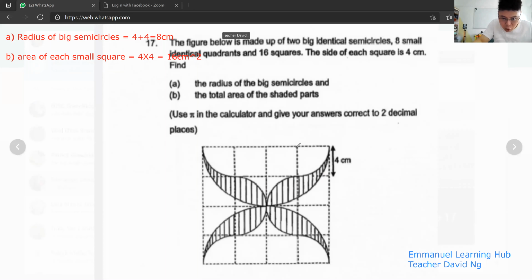You see, this one is a small square, and this is the other small square.